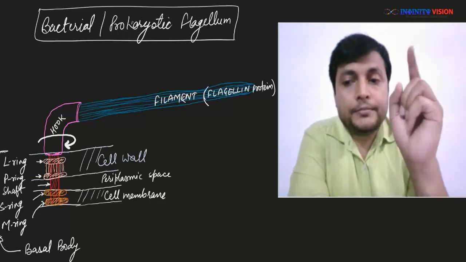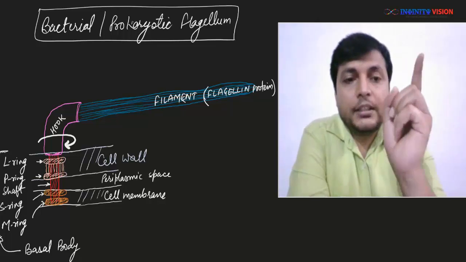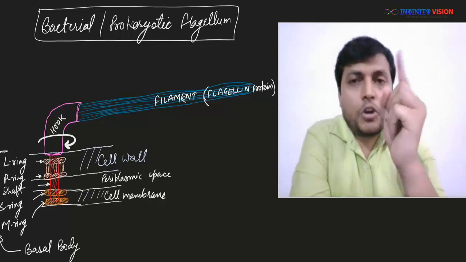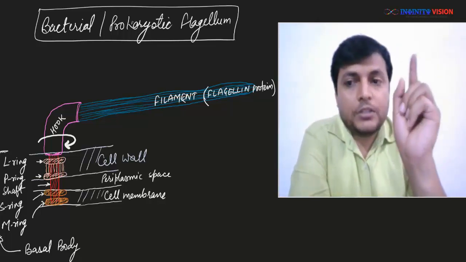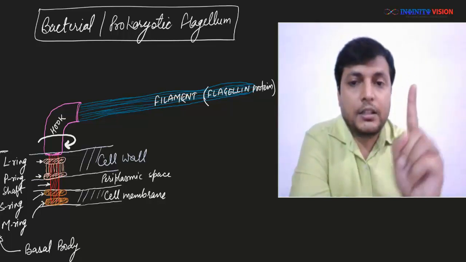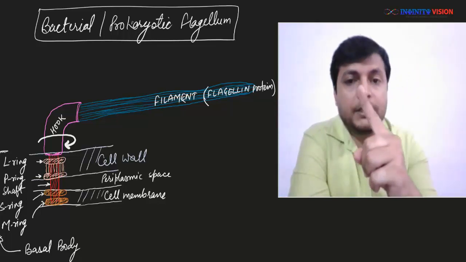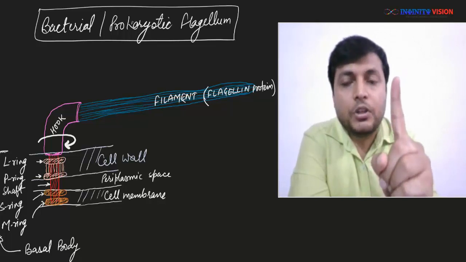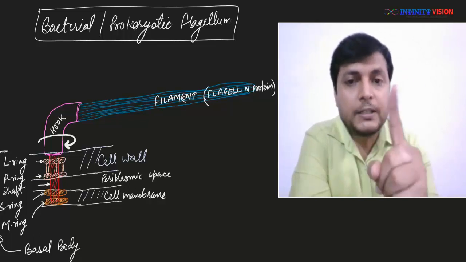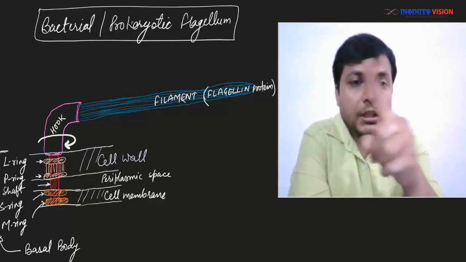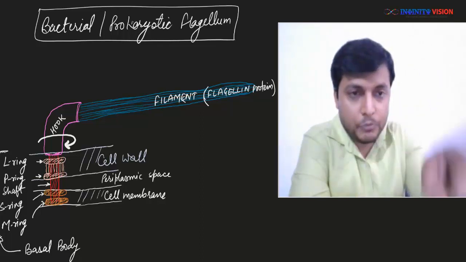This hook rotates either in the clockwise or anti-clockwise. So this hook rotates. As a result, the entire flagellum rotates. And when this flagellum or the filament of the flagellum rotates, it gives an undulating movement, like a spiral movement.